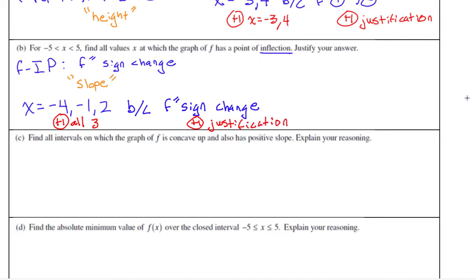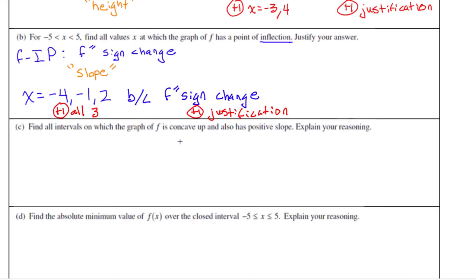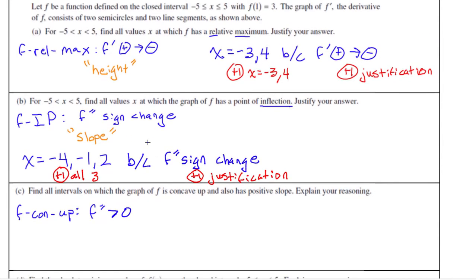We are on to part C. All right. So we need it to be concave up. Oh man, we only have 5 more minutes. We've got to go through this kind of fast. All right, concave up. F concave up definition: f double prime greater than 0, positive. So that means we're talking about slope.